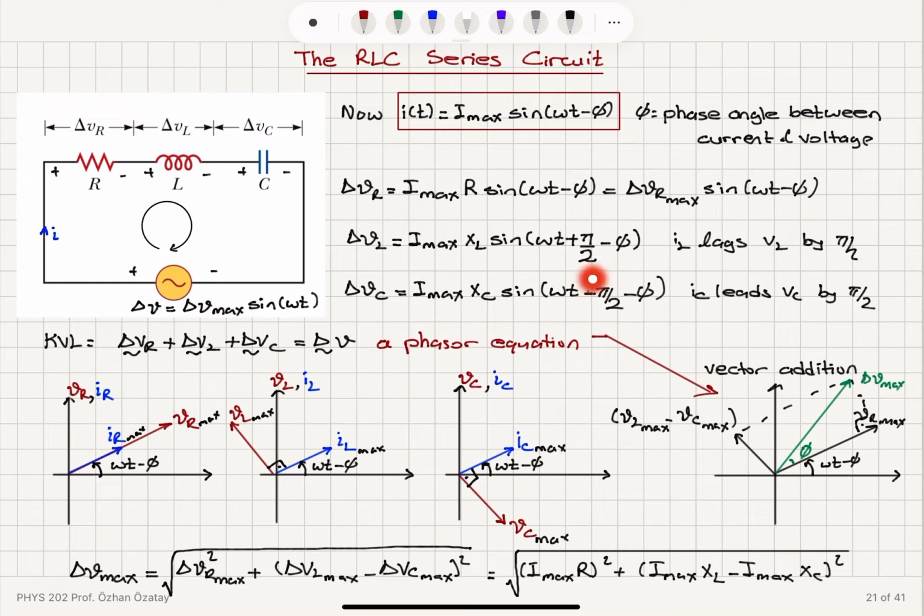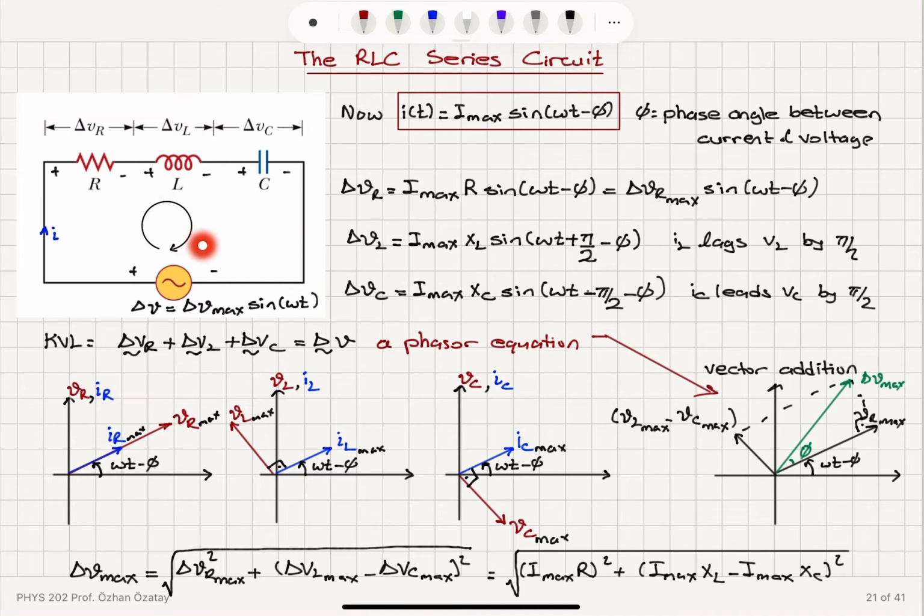As for the phase relationship, current flowing through an inductor lags the voltage across the inductor by an angle pi over 2, therefore voltage leads the current by pi over 2. So I know the phase of the current is omega t minus phi, therefore the phase of the voltage is omega t minus phi plus pi over 2. And for the capacitor, likewise, it will be minus pi over 2 because current leads voltage across a capacitor by pi over 2.